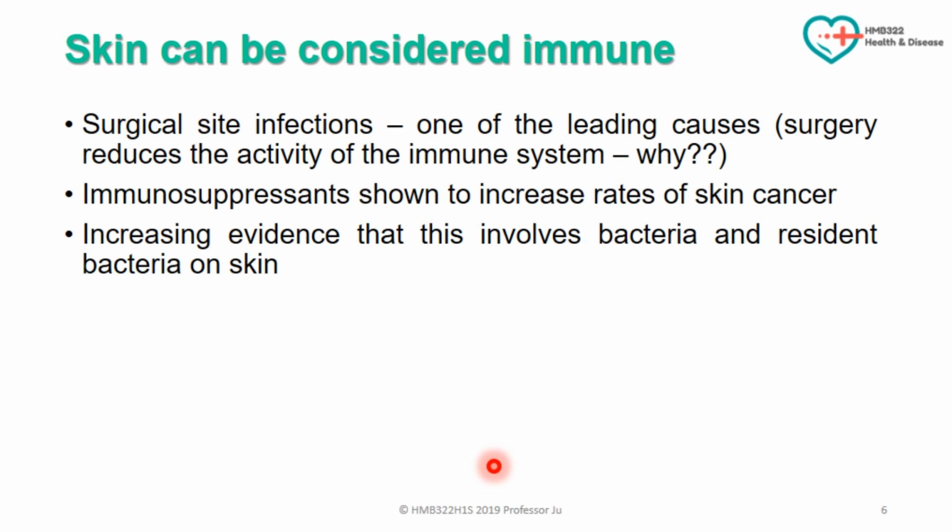So you'll go in, you'll get some kind of operation. They will use sterile procedures, but regardless of what happens when you go into the hospital, you might develop a surgical site infection. In fact, it's very common that surgical site infections are actually a source of concern.